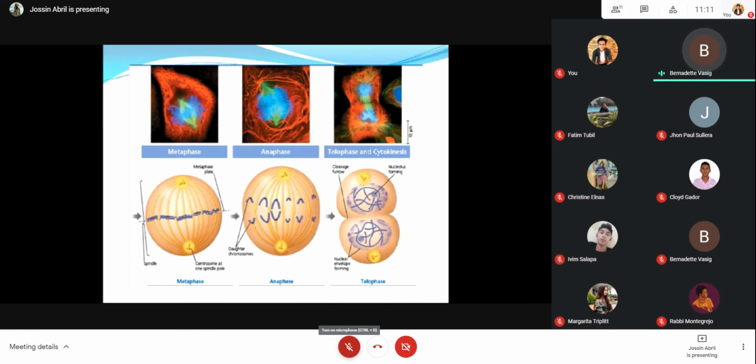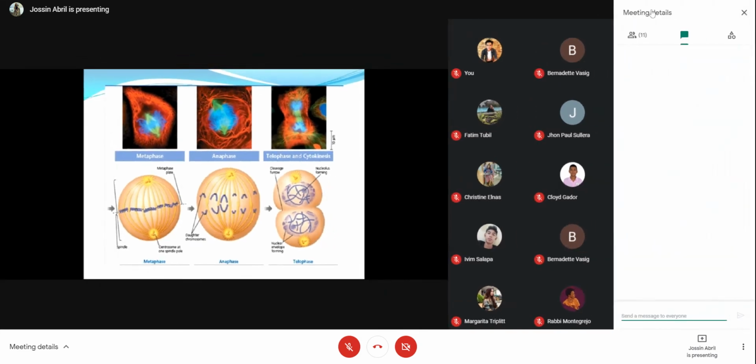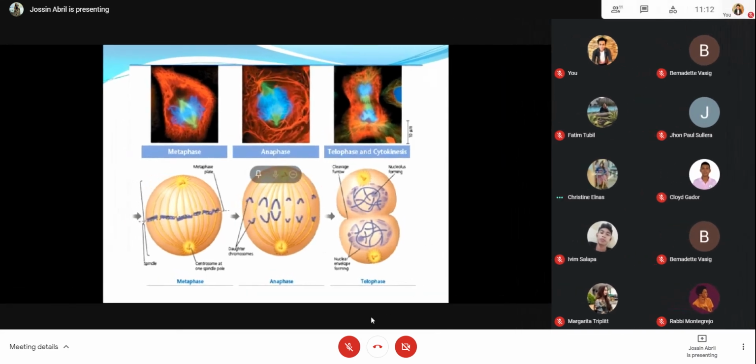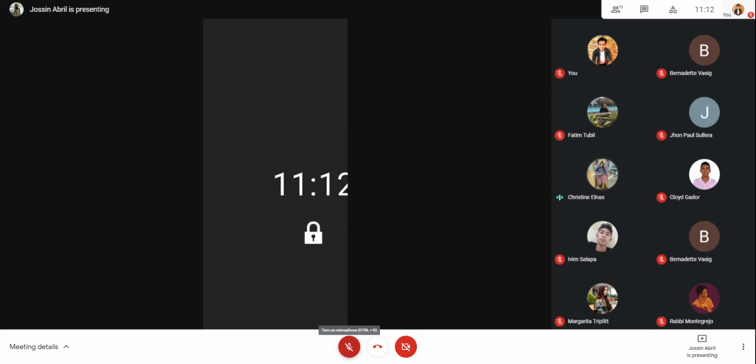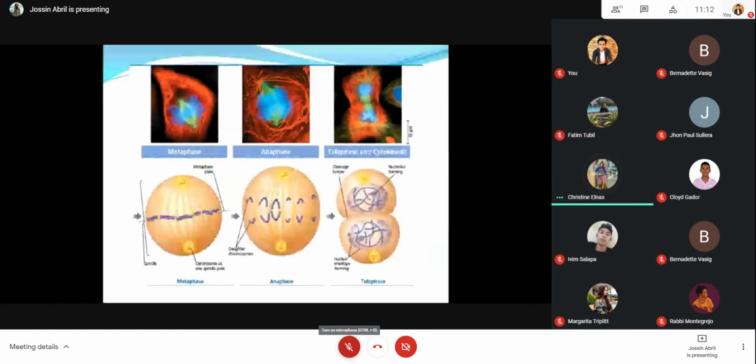How does the microtubule shorten? It shortens when the microtubules attach to the captured kinetochore of the chromatin. How does the microtubule shorten?